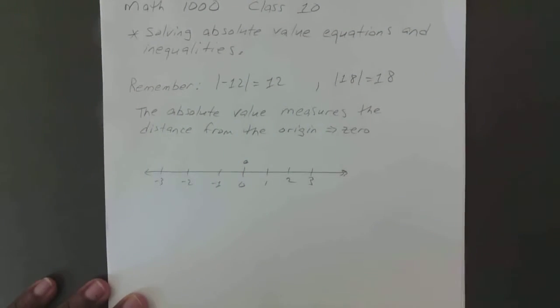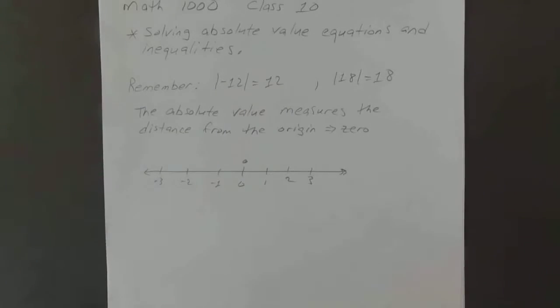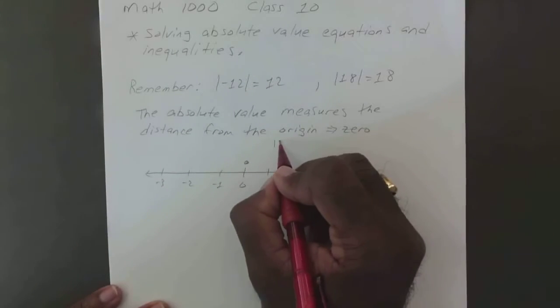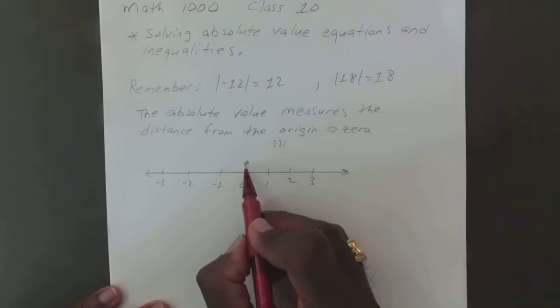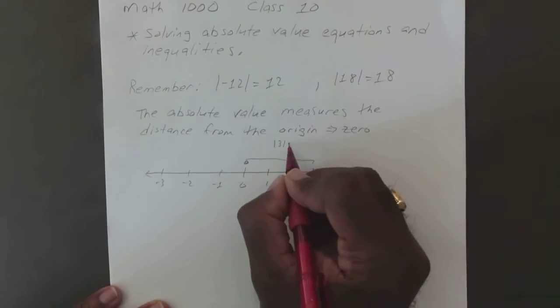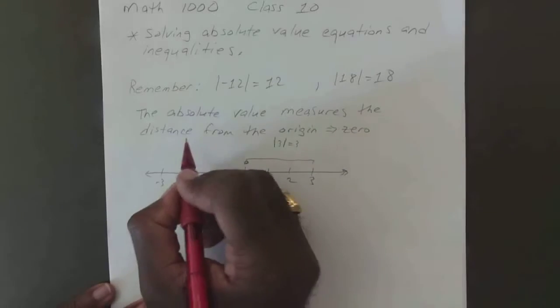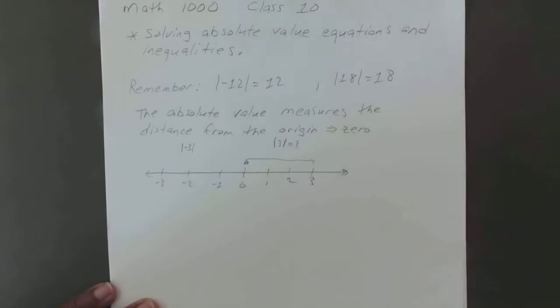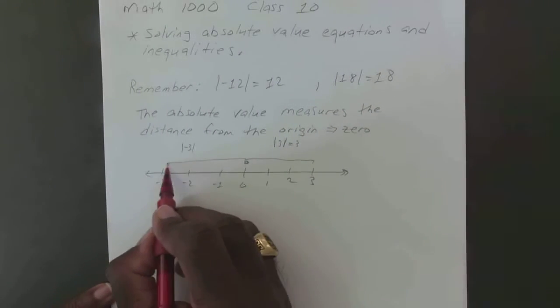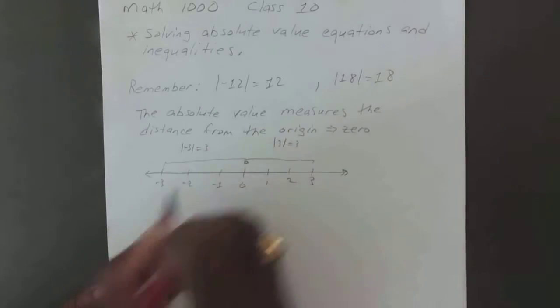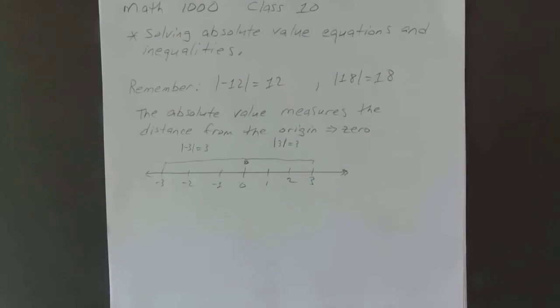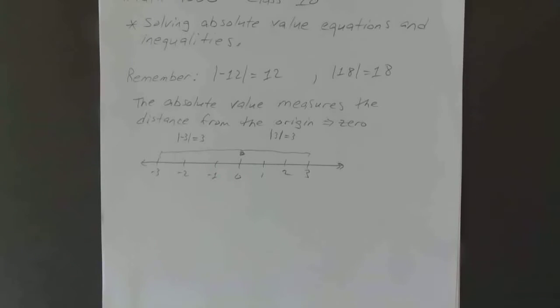If you're starting at 0 and you want to know the absolute value of positive 3, you know it's a distance of 3 from 0. So if you want to know the absolute value of negative 3, same thing, it's a distance of 3 from 0. Okay, so that's the general idea of the absolute value.